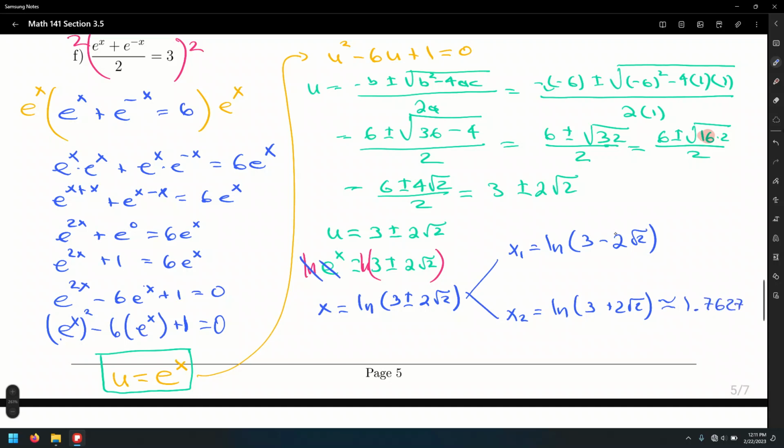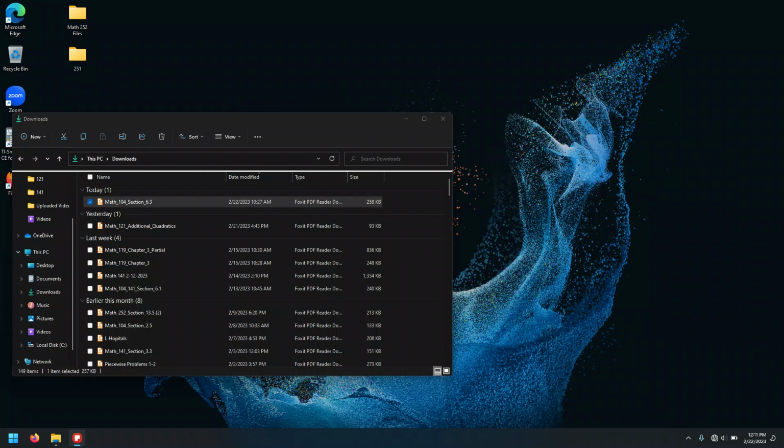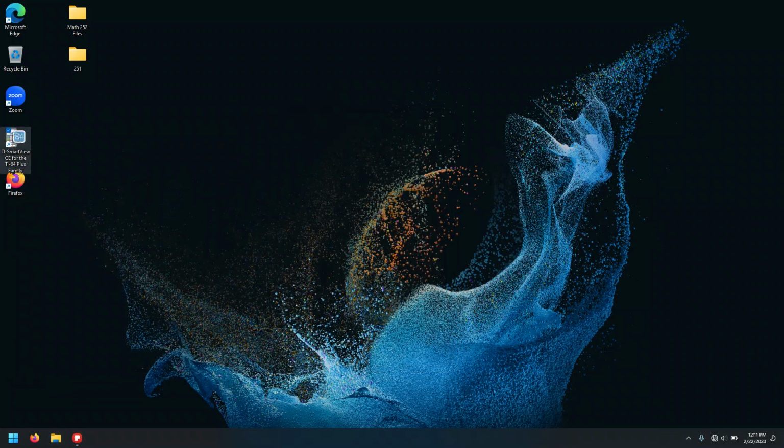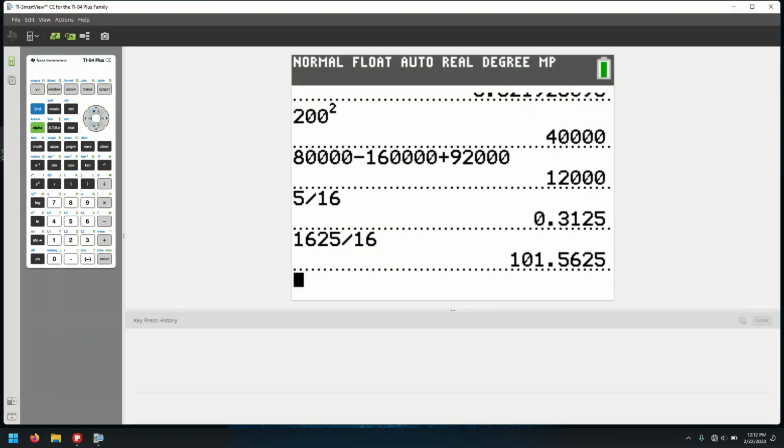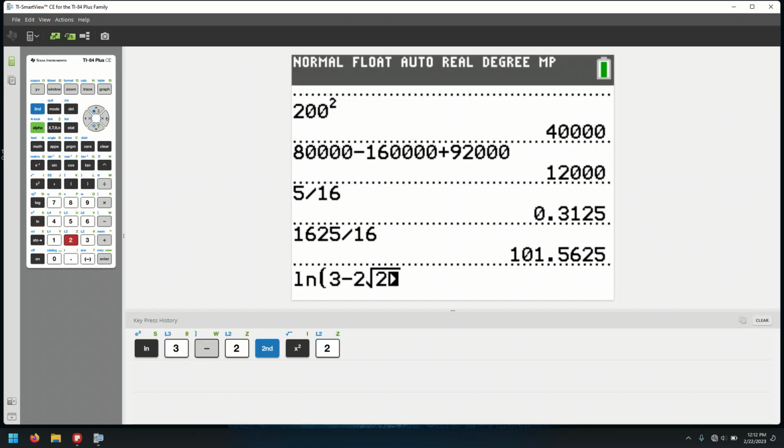But I'm not sure about the first solution, so let's find out using a graphing calculator. Let's go ahead and do that, because I'm not sure about what I have on my notes, so that's kind of weird. All right, so ln of 3 minus 2 times square root of 2, and close parentheses.